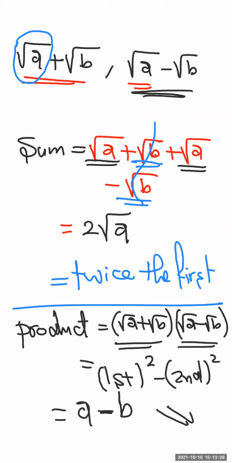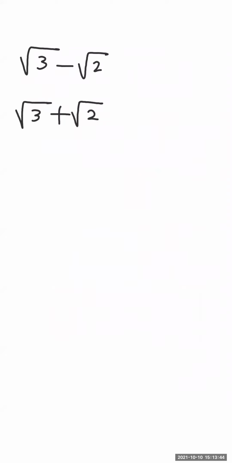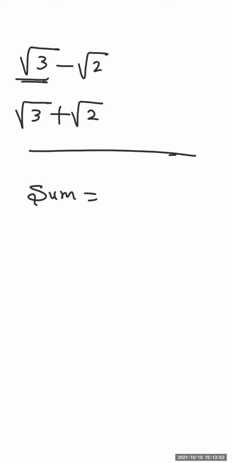Okay, let me solve one numerical example to explain that. If there is a number like this one, square root of 3 minus square root of 2, of course the conjugate will be square root of 3 plus square root of 2. So the sum, we said that it's twice the first term, square root of 3.